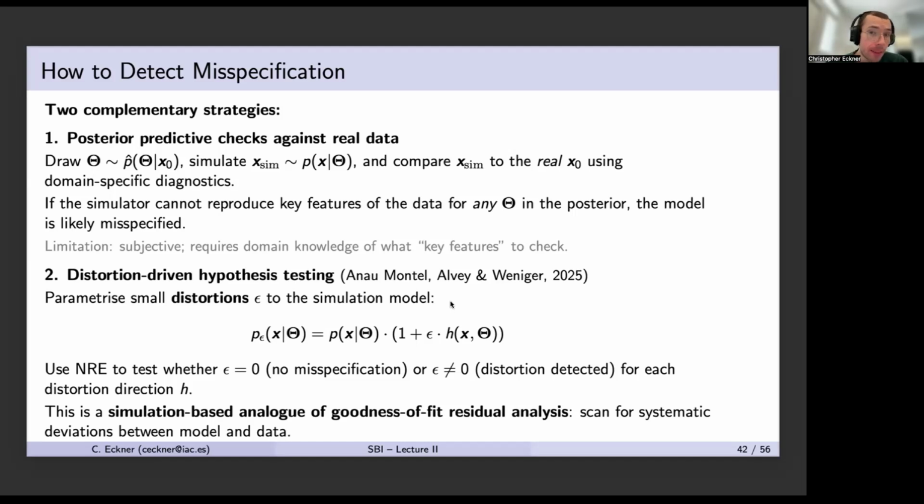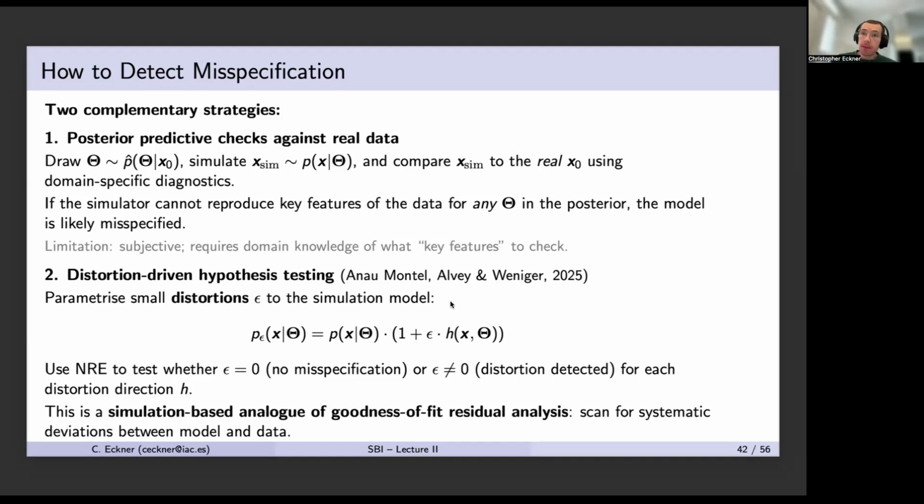You simply say that the likelihood of getting any particular observation given parameters is whatever the likelihood of the problem is, plus epsilon times this modulation factor, which might also depend on the parameters and the actual sample you're going to produce.